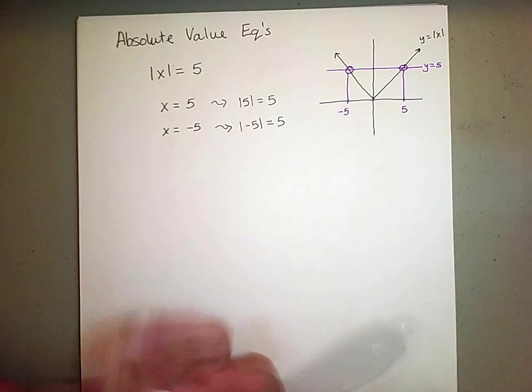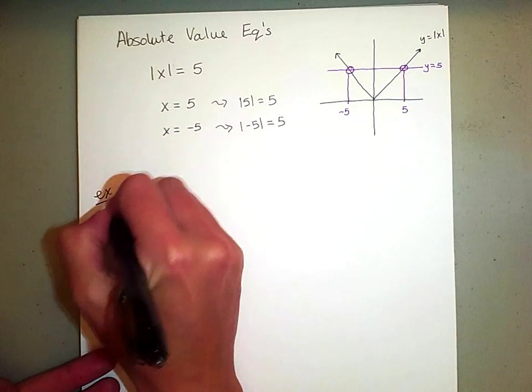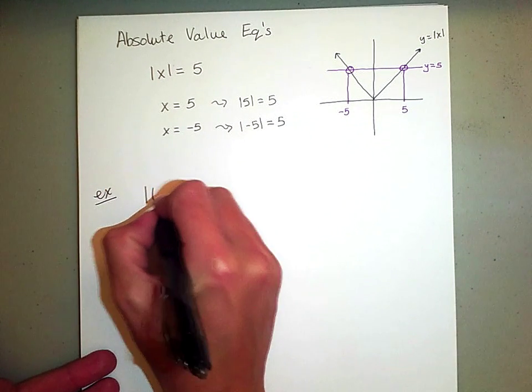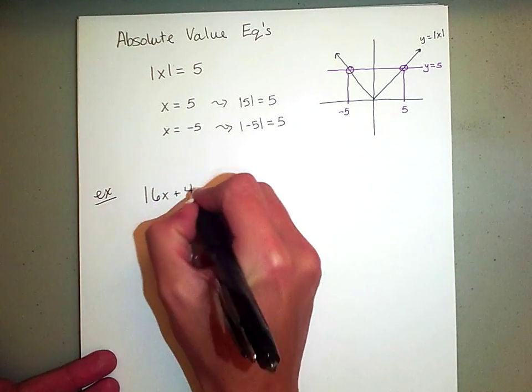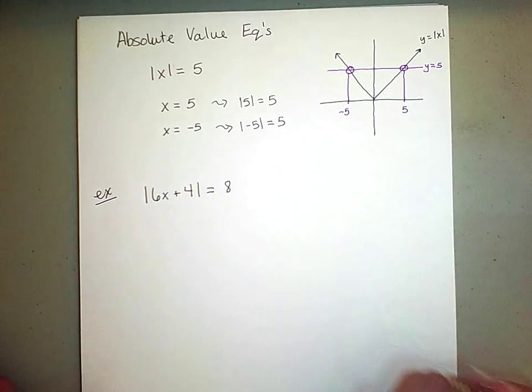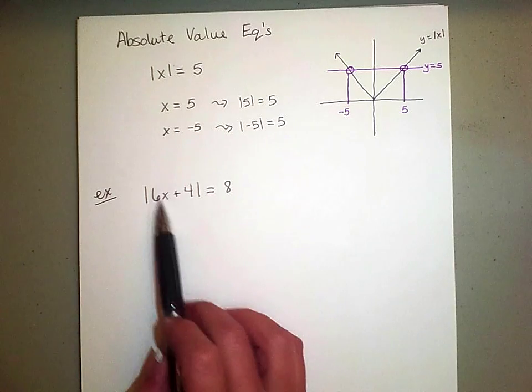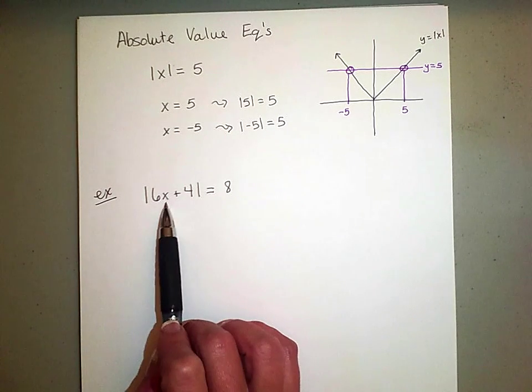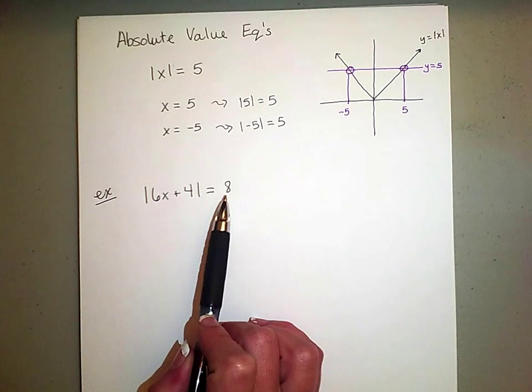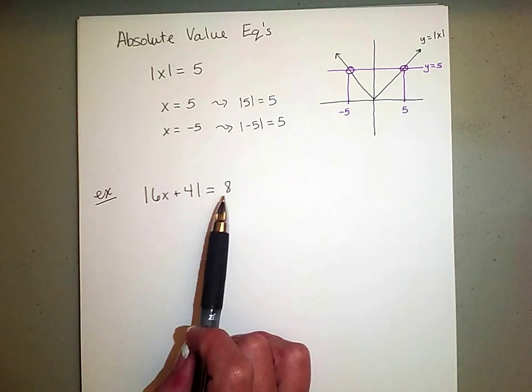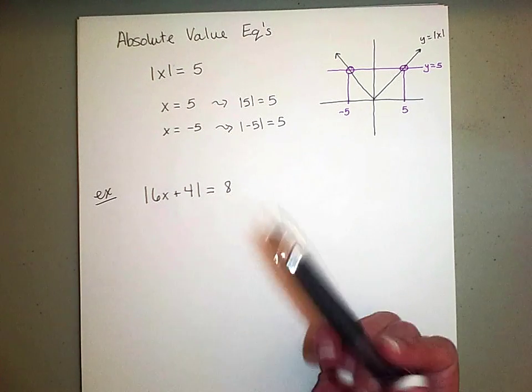So now, when we look at the absolute value of 6x plus 4 is equal to 8, now there's an unknown distance in here. Okay? We don't know exactly what x is, but we need for this distance to be equal to 8.